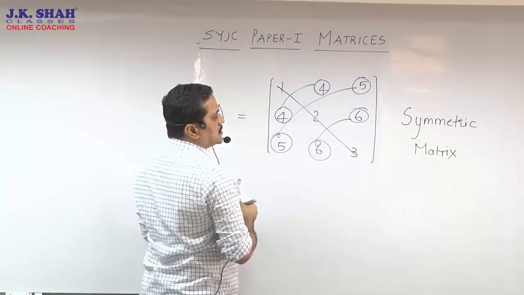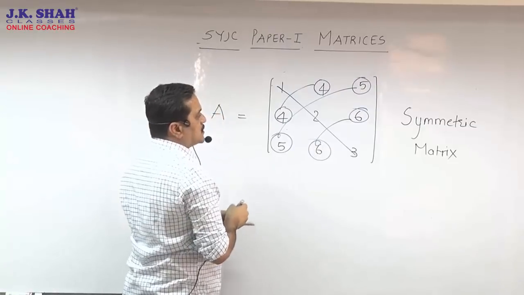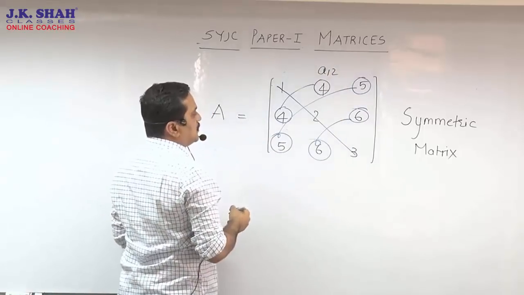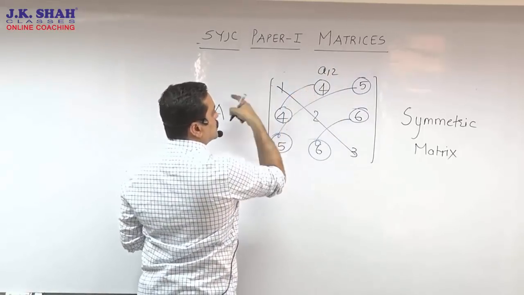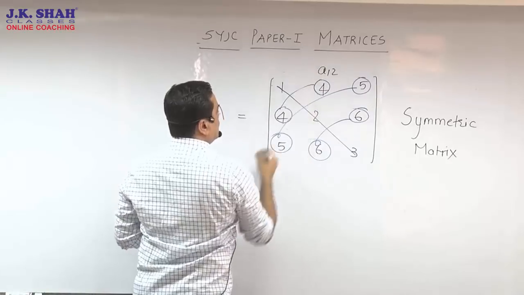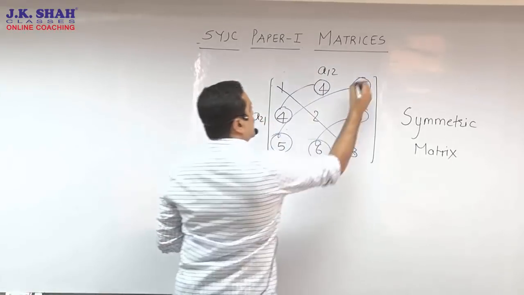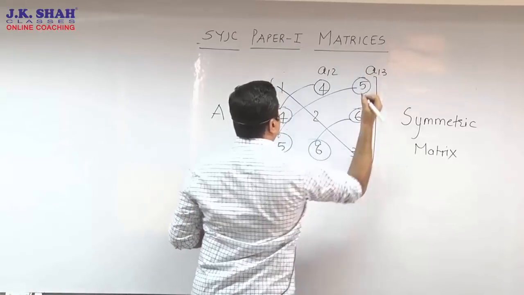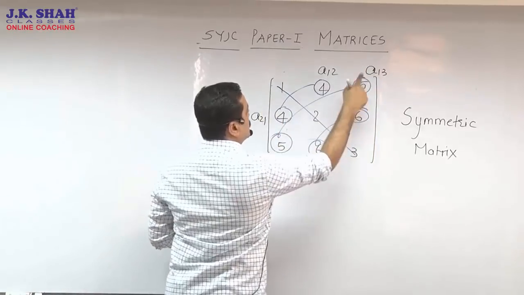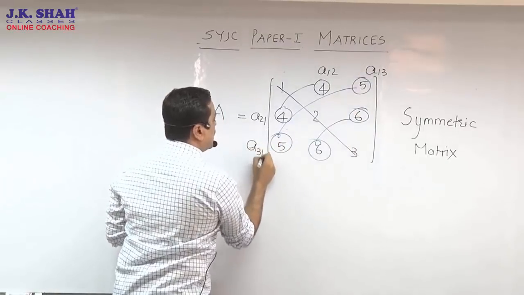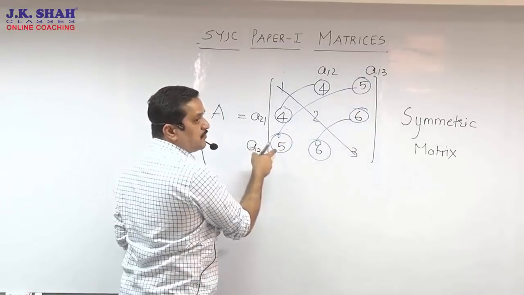Such a matrix is called a symmetric matrix. Now we can see that A12, I hope you remember the first point, belongs to the first row, second column. A12 matches with A21. Similarly, A13, try recalling, is first row, third column. So A13 matches with A31, that's third row, first column.